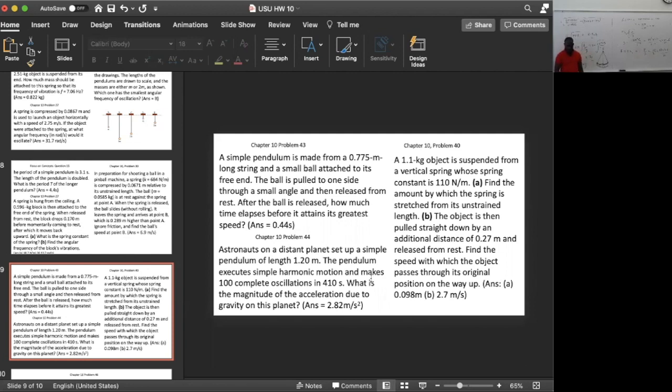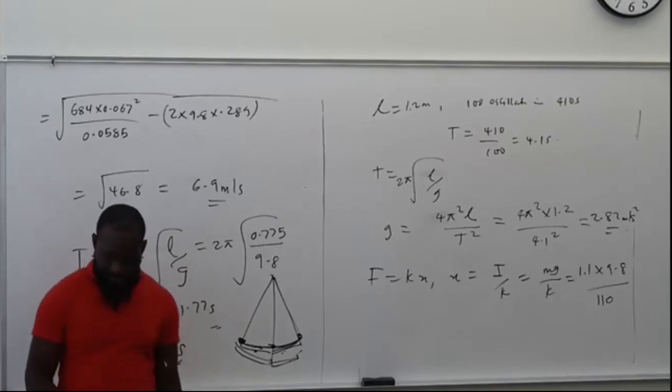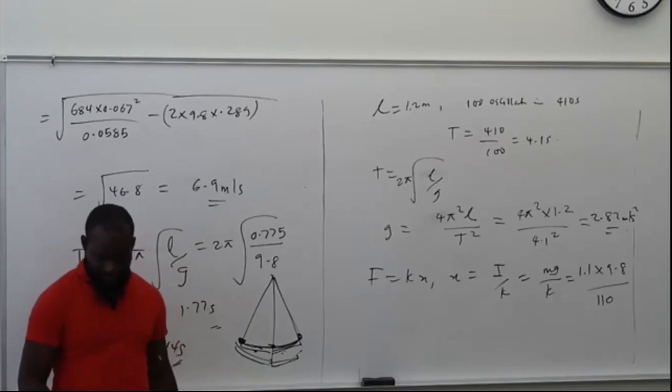So that's first of all going to give us the amount by which the spring is stretched. So let me stop so you can see what I'm doing right here. Those are the values that I'm given, okay? mg over k, F is kx. So let me wipe out everything else right here. Just 1 second.